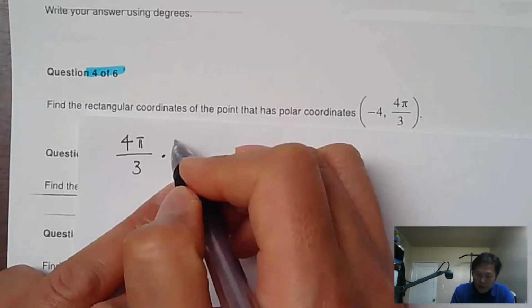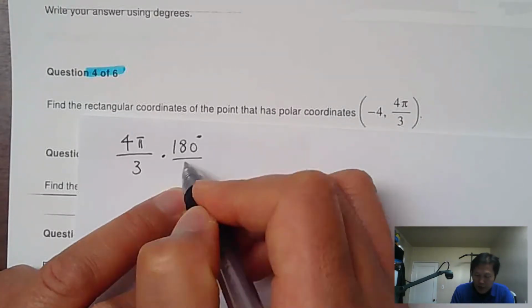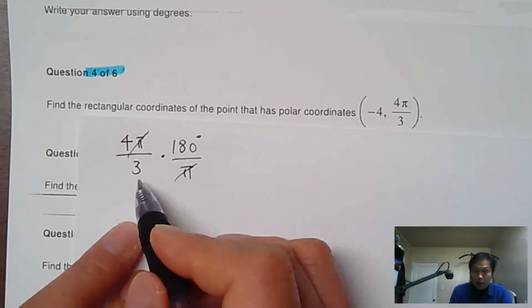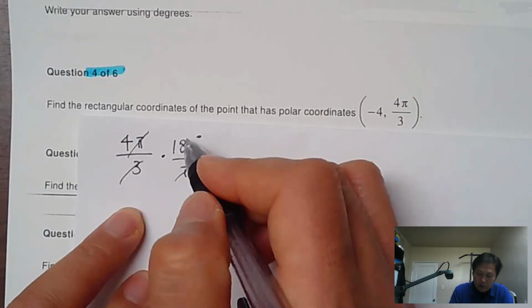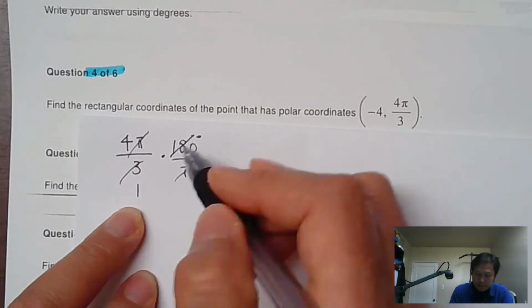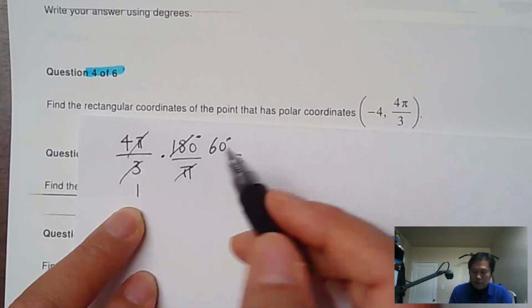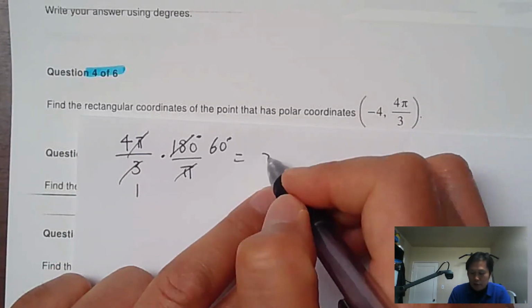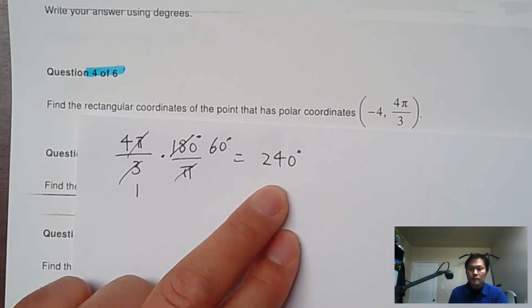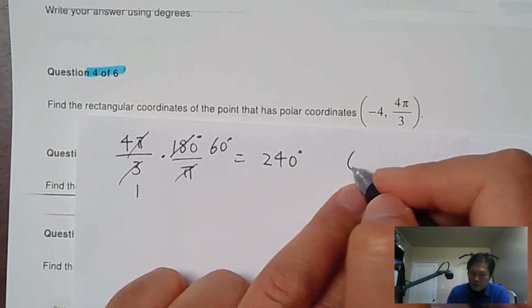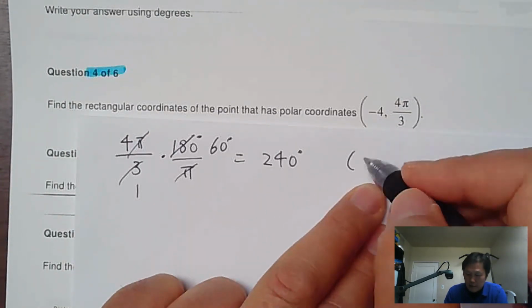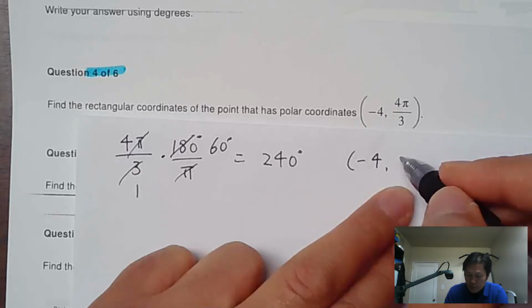So I'm going to multiply by 180 degrees over pi. So pi cancels out. 3 and 180 degrees, you can divide by 3. So 4 times 60 is 240 degrees. So we just changed this angle from radians to degrees.